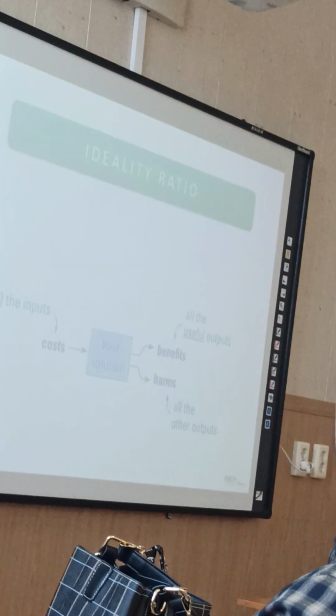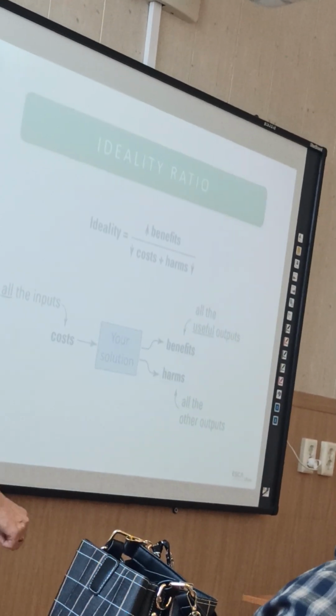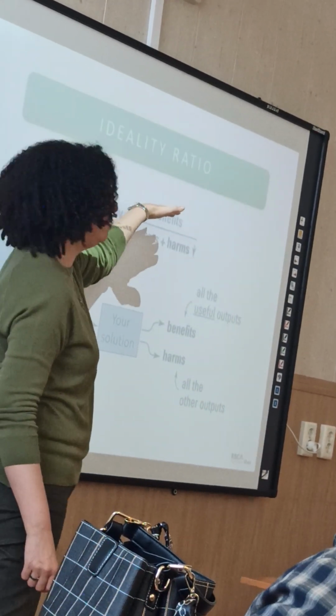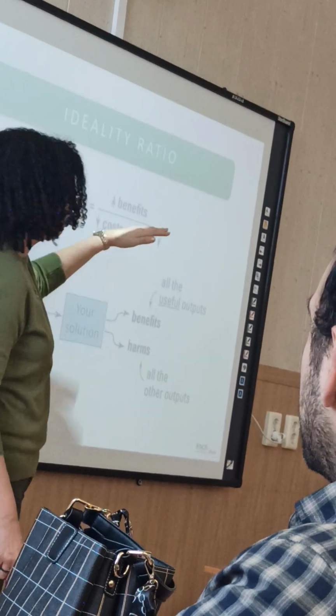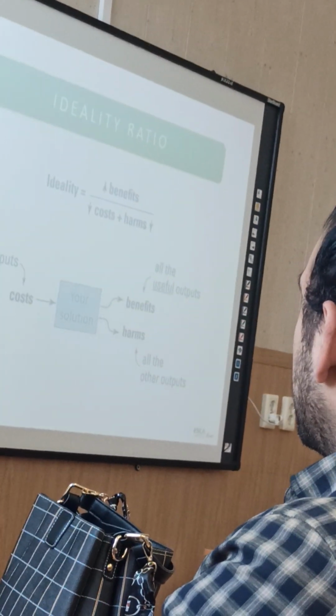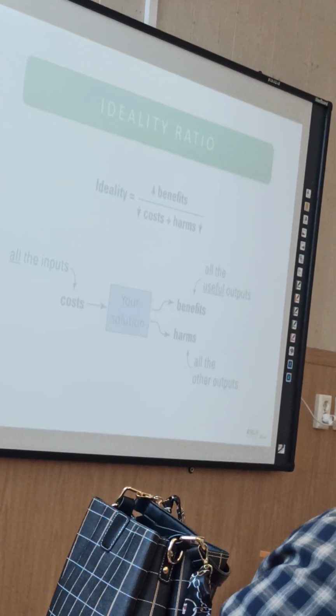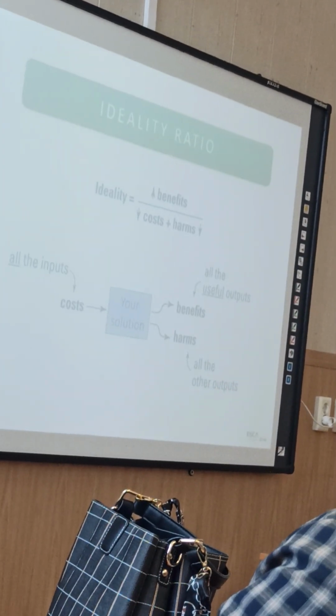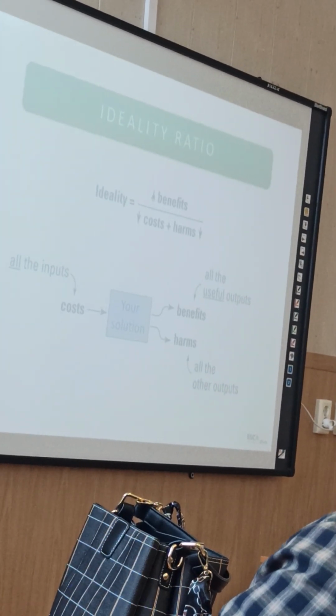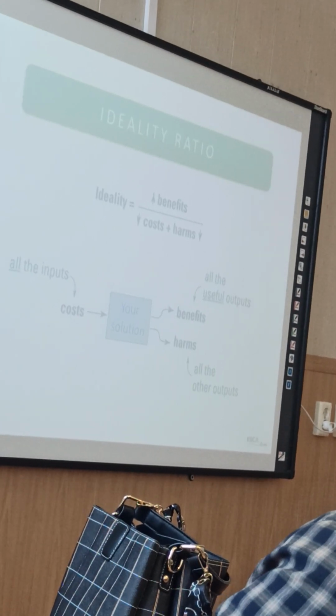If you have quantitative data about the solutions, you could measure the ideality ratio. You compare the benefits of the solution to the costs and the harms. Everyone understands the word harms? Okay, the negative outcomes. It's like if someone has a fever and they use an antibiotic.